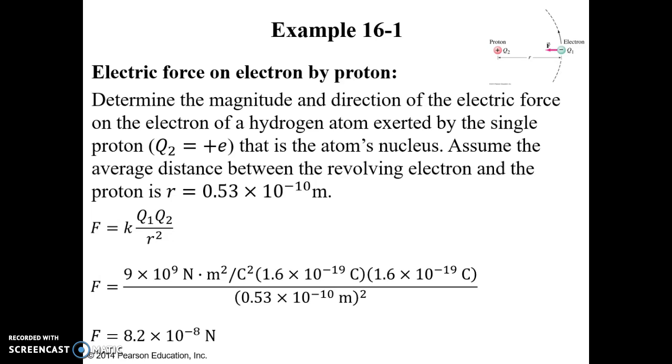So the magnitude calculates to be 8.2 times 10 to the negative 8 newtons. And the direction of the electric force on the electron is inward, towards the proton, because opposites attract.